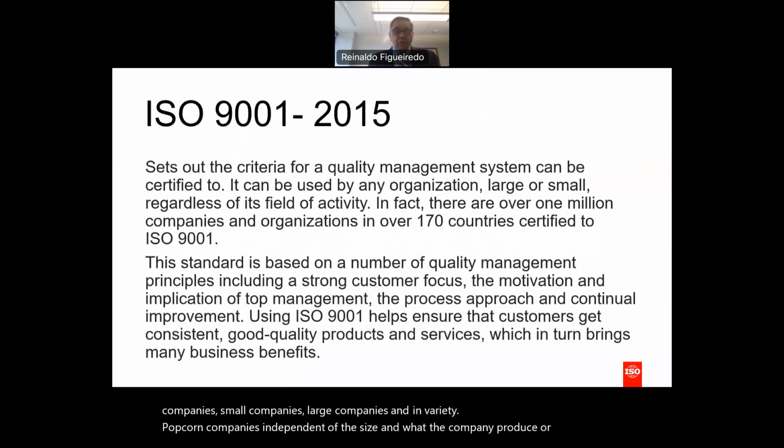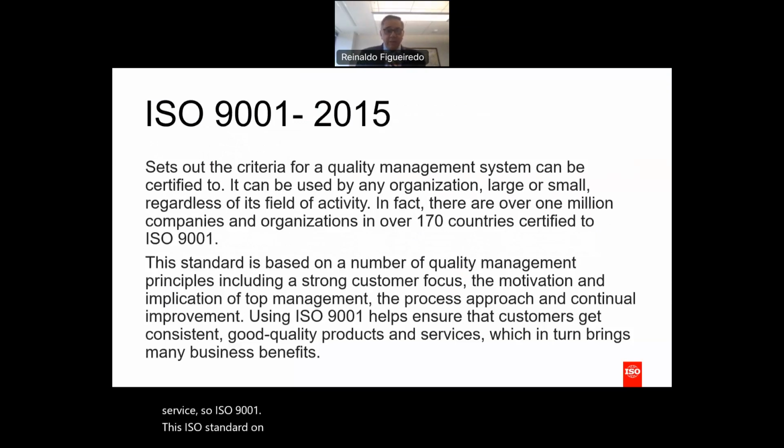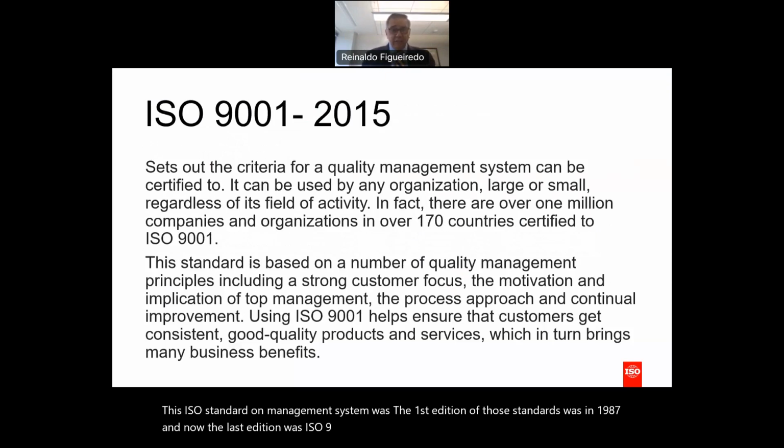service. So ISO 9001, this ISO standard on management systems, had its first edition in 1987, and the latest edition is ISO 9001:2015. As I mentioned, this standard sets specific requirements for a quality management system that can be used for certification, but not necessarily.